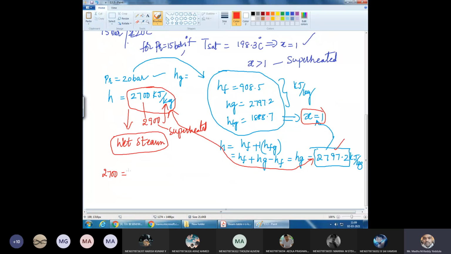HF value is 908.5 plus X, unknown, into HFG. HFG is 1,388.7. Therefore X is equal to (2700 minus 908.5) divided by 1,388.7. This is the dryness fraction corresponding to this particular enthalpy. Anyhow, you will get less than 1 only. Check it.